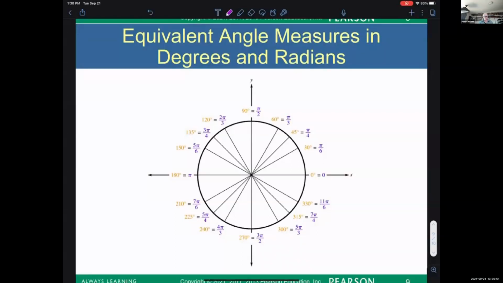Okay, so a lot of times degrees and radians have two things in them that really bother students until we get a little more used to them. One is this pi symbol that shows up everywhere, this weird irrational number. And the fact that, of course, you have all of these fractional amounts of pi.